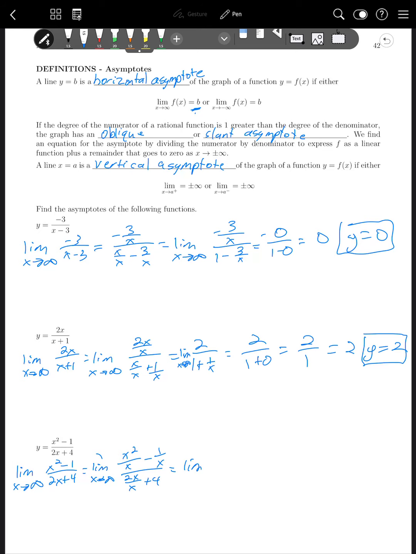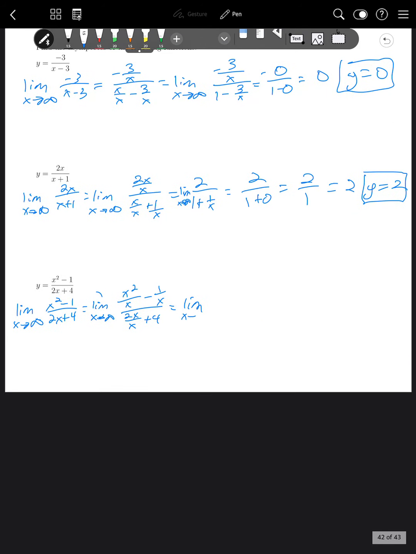So that's the limit as x goes to infinity of x minus 1 over x over 2 plus 4 over x. So that's going to be infinity minus 0 over 2 plus 0, so that's going to be infinity. So there we got a limit that's infinity, so we're not going to have a horizontal asymptote. Instead, we're going to have an oblique one.